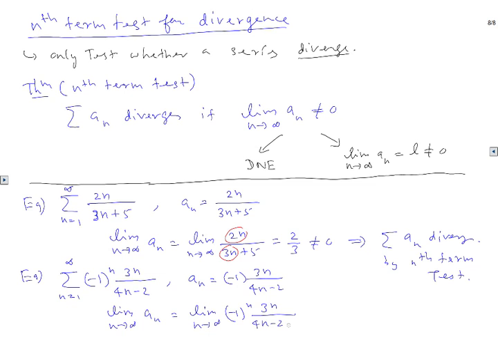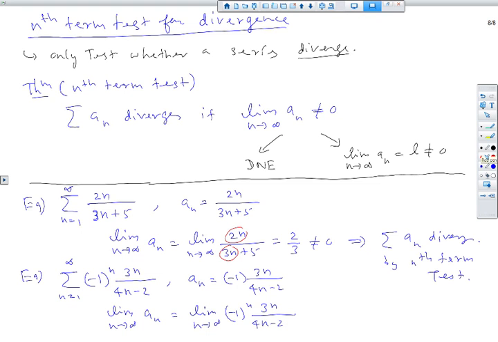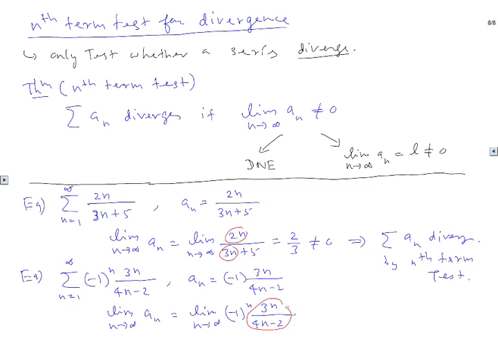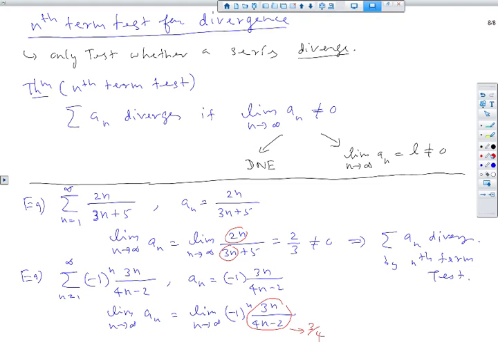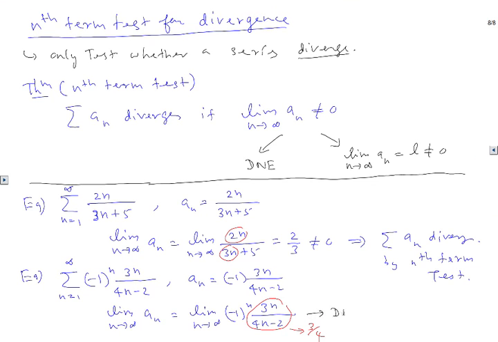But something else happened here. You can see that in this problem, this part has a specific limit. The limit is 3/4 for that part, because if you ignore the -2, it is 3n over 4n, which means 3/4. But there's a negative sign that is going to fluctuate. Because of that, the limit does not exist.